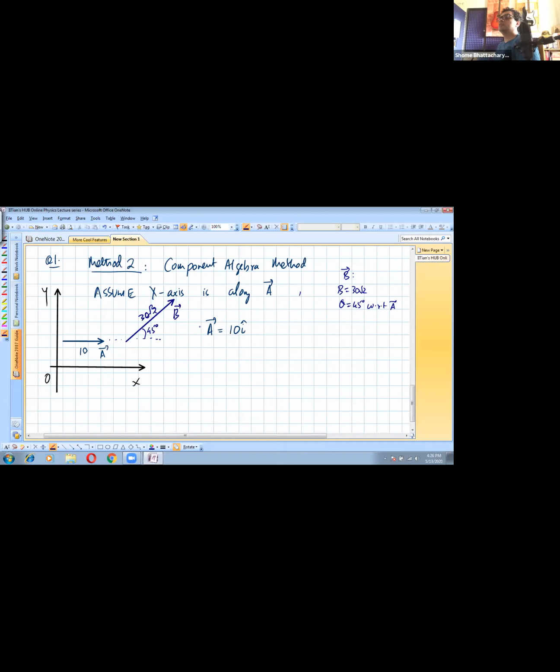So the moment we have done this, that now implies that the vector B has an x component of 30√2 cos theta, where theta is 45. This is the x component.